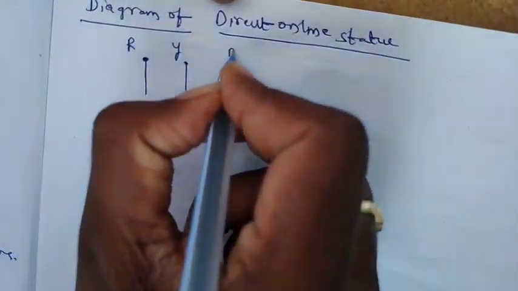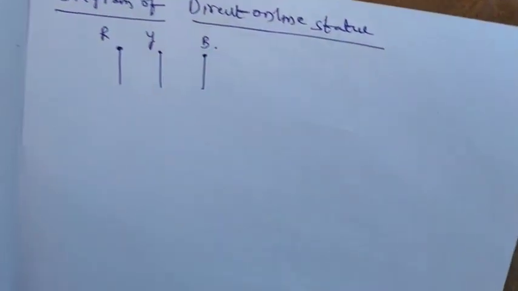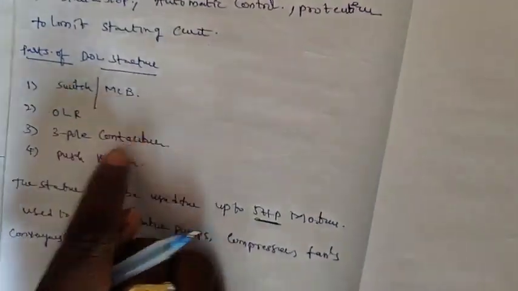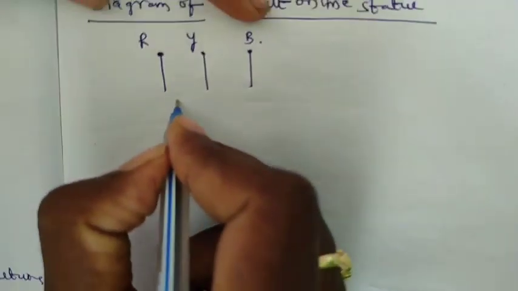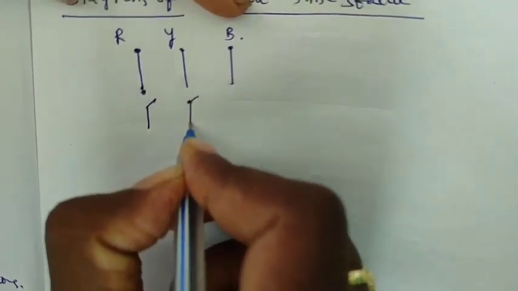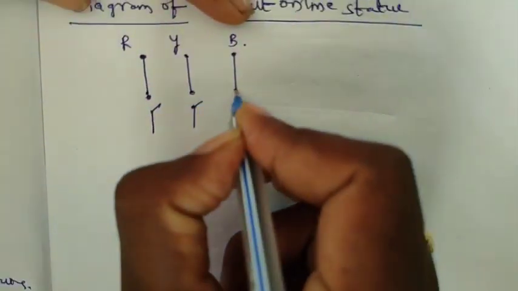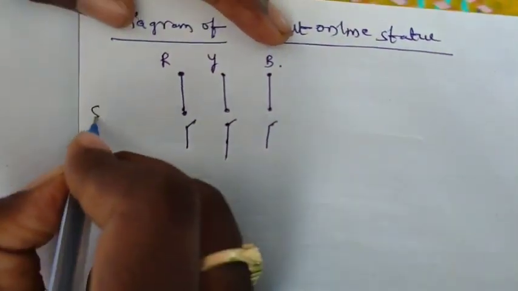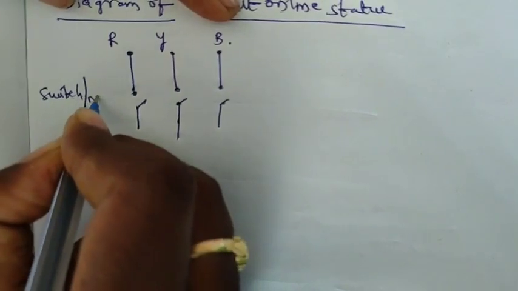So RYB. Next we have to use the parts: switch, overload relay, 3-pole contactor, and push button. We can use one MCB or switch. So this one is switch or MCB. After that one, overload relay.